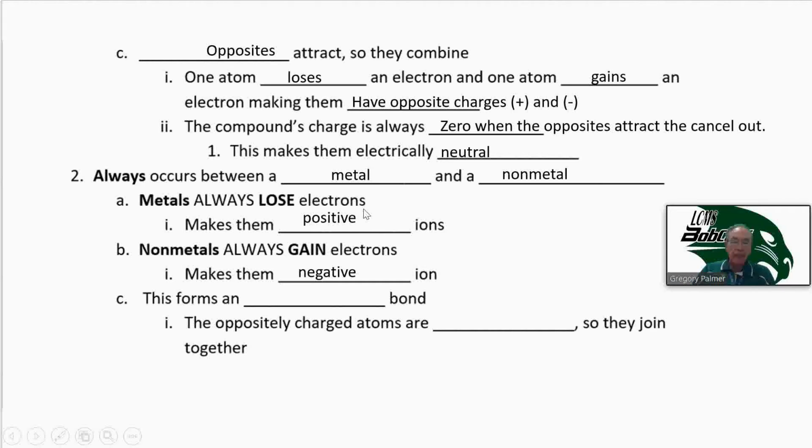But what it's losing are negatives. So when you lose a negative, you become more positive. Over here, you think gaining is good, but what we're gaining are negatives, so it makes them negative ions. This forms an ionic bond because the oppositely charged ions are attracted, so they join together.